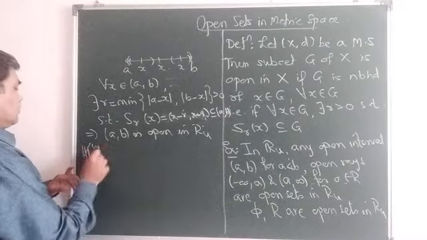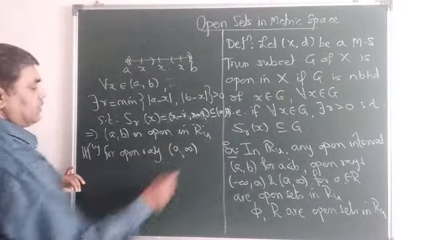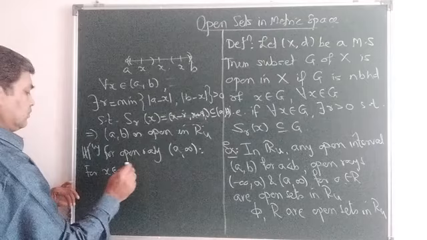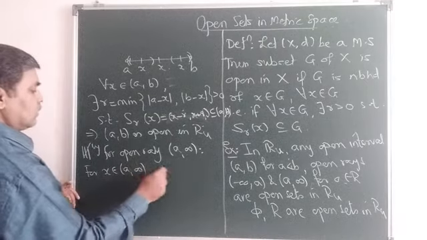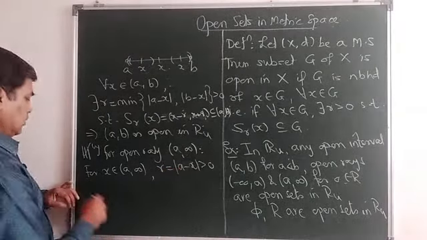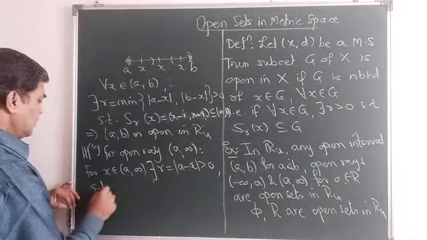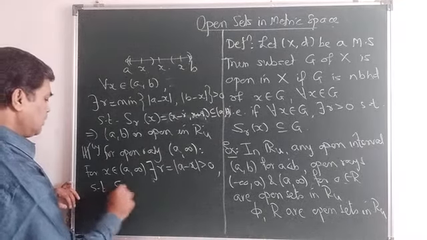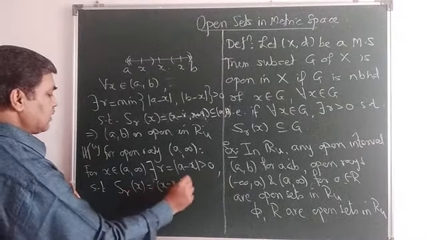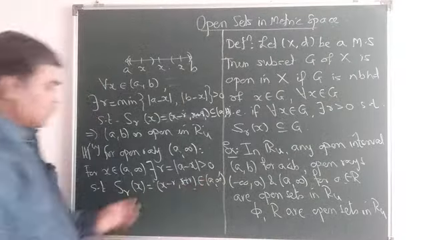Similarly, for the open ray (a, infinity), for x belongs to (a, infinity), there exists r equal to mod of a minus x greater than 0 such that the open sphere about x, which is again x minus r to x plus r, lies in (a, infinity).